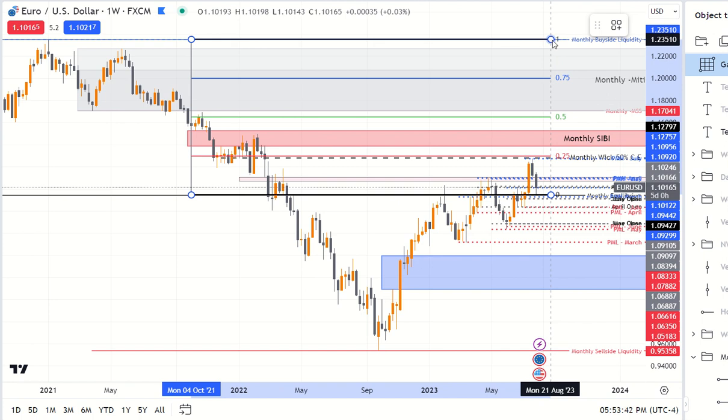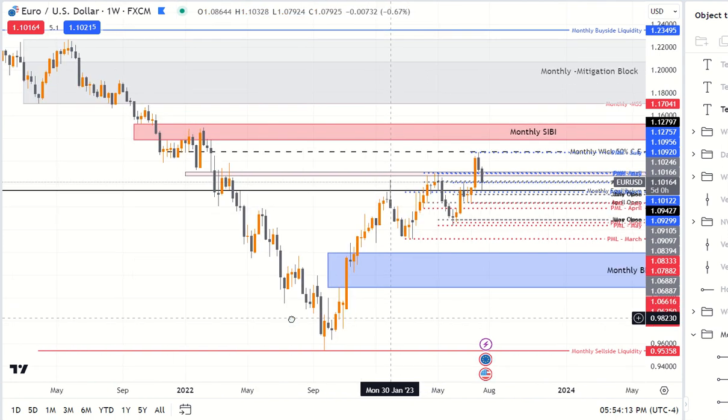Wait, I don't want to say that wrong. So now we're currently in a discount range. So that would be a good level to buy from. There we go. But if we were to reach up here into this premium range on the monthly SIBI, that would probably be a good place to sell from back down to equilibrium or back down to a discount to buy from. So that's what I wanted to say. Glad it came out right.